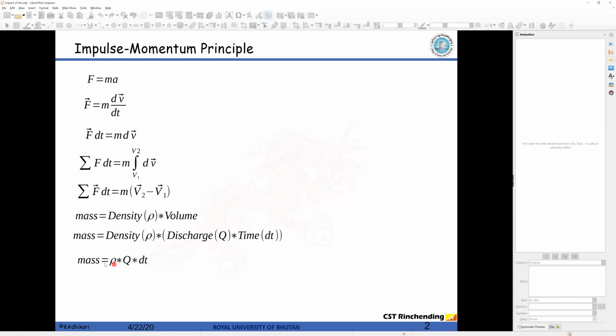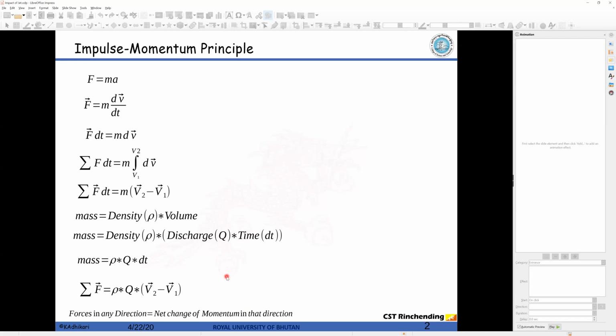Let's substitute this mass into this expression, and then we get summation of force is equal to rho Q (v2 minus v1). v2 minus v1 is the change in velocity, and this whole parameter is the change of momentum. So the way to interpret this equation is that the force applied on an object in any direction is equal to the net change of momentum in that direction.